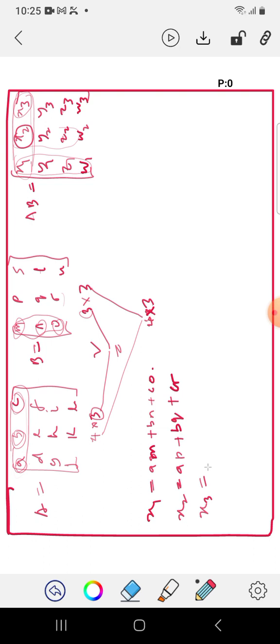Let me write the items on the first row: A, leave a gap, plus B, leave a gap, plus C. Then you come to the third column and put the items here: A times S, plus B times L, and C times U. So that's all. We are done with that.